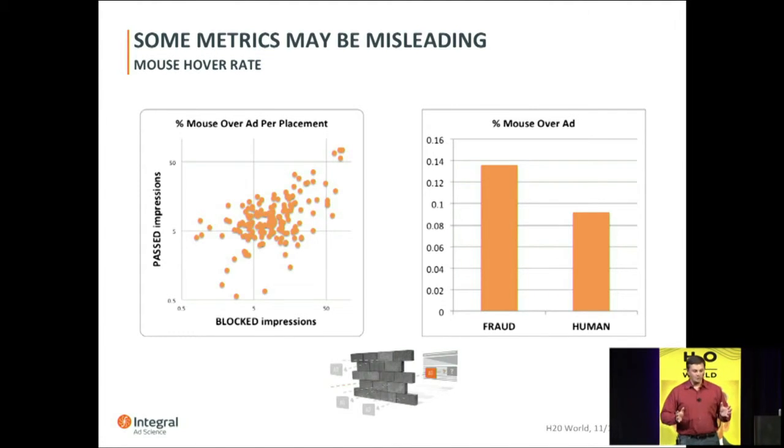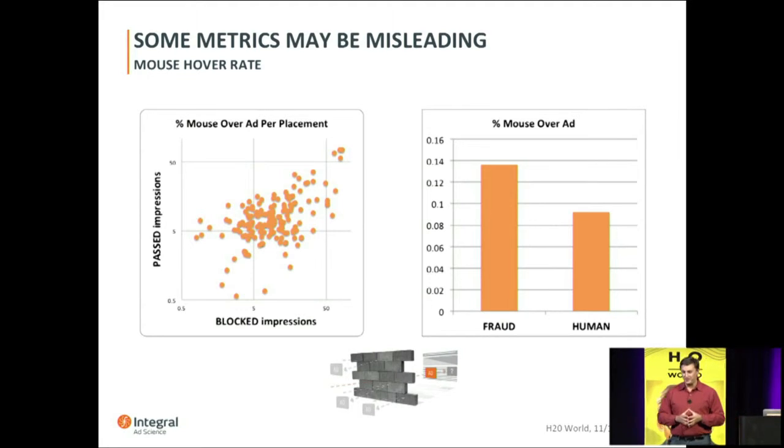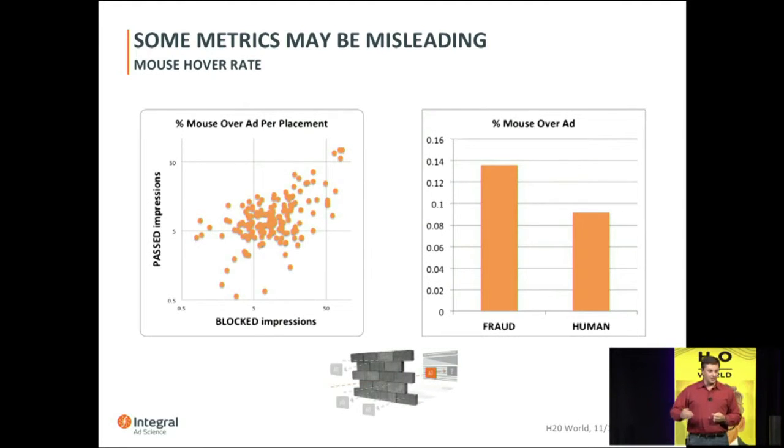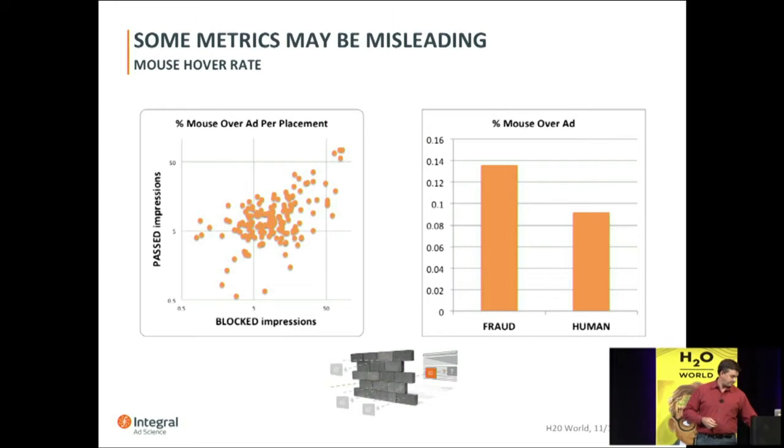I don't know why, but they do, because it has nothing to do with actual purchase behavior. So bots are really good at emulating things on which people optimized. If you optimize on mouse hover rate, it actually is a proxy. It is correlated with click-through rate, and so you will probably be getting more fraud than normal.